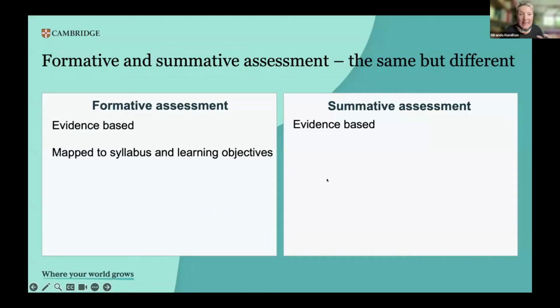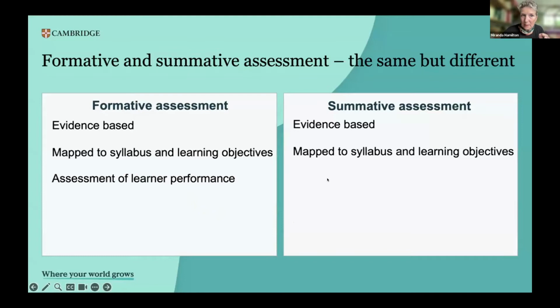Formative assessment is linked to the syllabus and it's linked to learning objectives, and so is summative. Formative assessment is where we're able to collect evidence and evaluate our learners' performance. Summative assessment is the same. We are assessing our learners' performance.